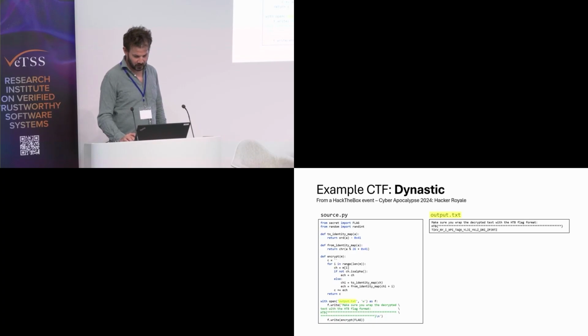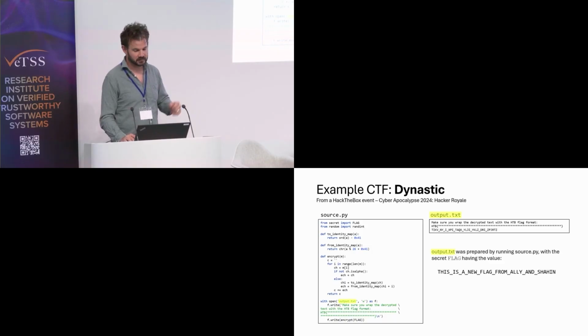And okay, so you can see here that output.txt is being written to by the script, and that's what would have produced this text file. So you, the participant, are given both of these files, and your job is to now derive the flag from this information. So the output file was produced by running source.py, and in this case, we ran it on a flag that was, this is a new flag from Ali and Shaheen.